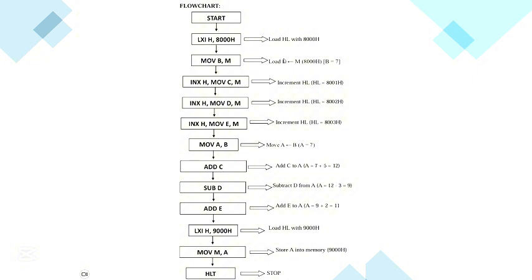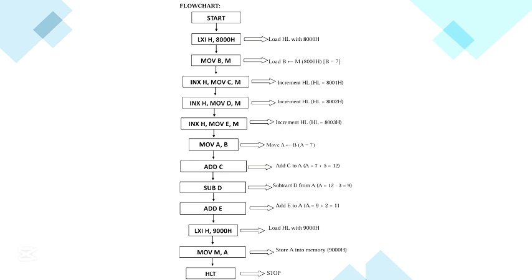Next is move M to B. HL points to the first number 7, so move it to B. Now RB is equal to 7. Then increment HL, increase HL by 1.